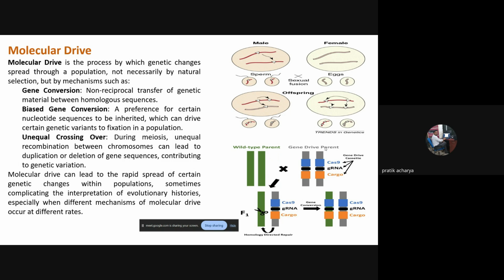So molecular clock and molecular drive are both important. Molecular clock explains the rate of mutation. For ancestral derivation, the rate of mutation is very important.